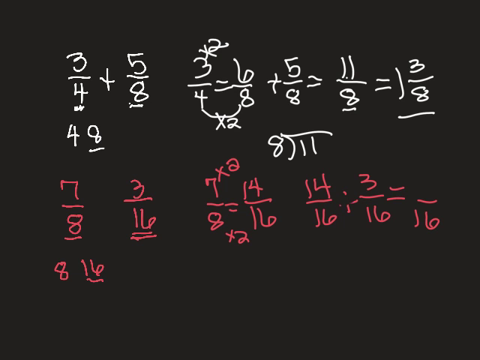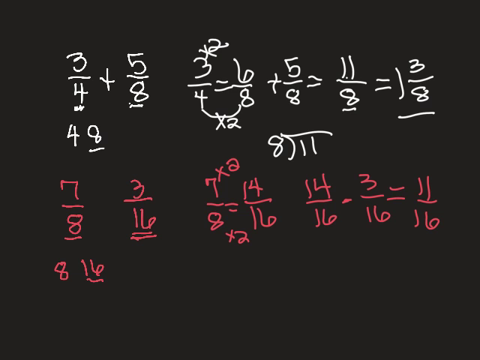So let me change that. 14 minus 3, which is 11. Now, there's nothing that can go into both 11 and 16, so 11/16 is reduced to lowest terms. So I'm finished with that problem.